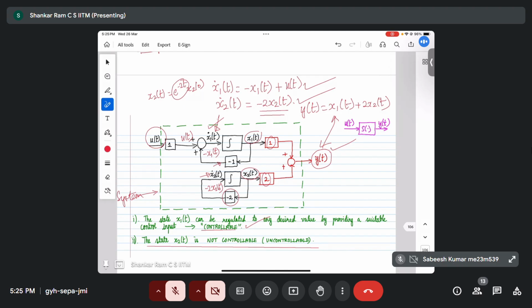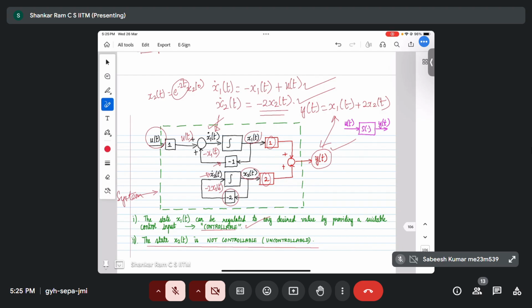This is a decoupled realization. Consequently, we see that the state x1 is controllable. That means we can regulate x1 to whatever value we want, but the state x2 is not controllable. That is the notion.